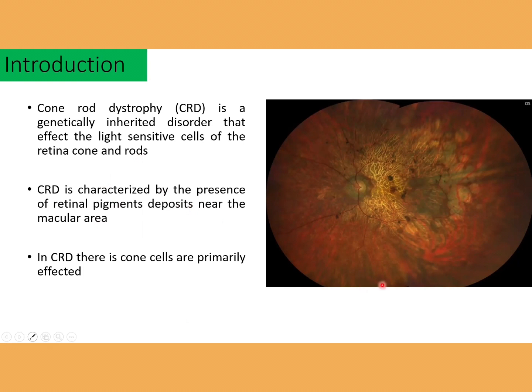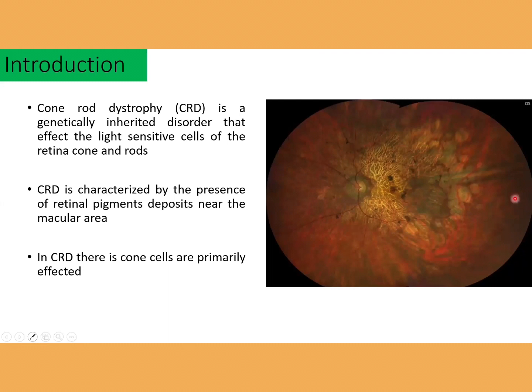So this is a fundus photo of a cone rod dystrophy diagnosed patient. I told you how to take the fundus photo, right? First of all, you need to see the optic disc, then vessels, then macular area, then periphery. Disc normal, blood vessels are also normal, but in the macula you can see atrophic patches in the macular area, and surrounding the macula also.